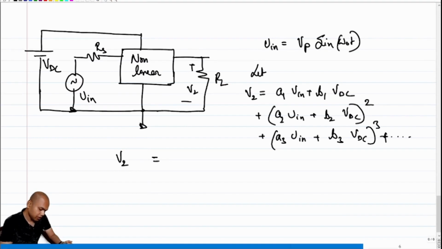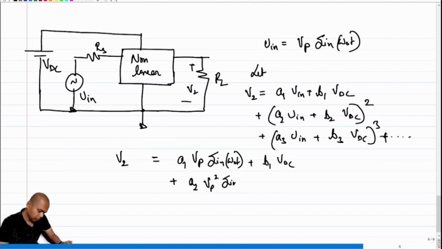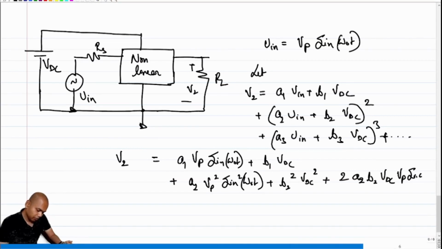So V2 will be equal to A1 Vp sine omega naught t plus B1 VDC, plus A2 Vp squared sine squared omega naught t, plus B2 squared VDC squared, plus 2 A2 B2 VDC times Vp sine omega naught t, and so on, right?